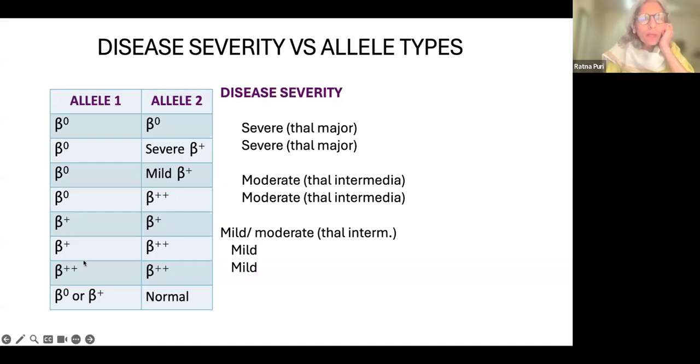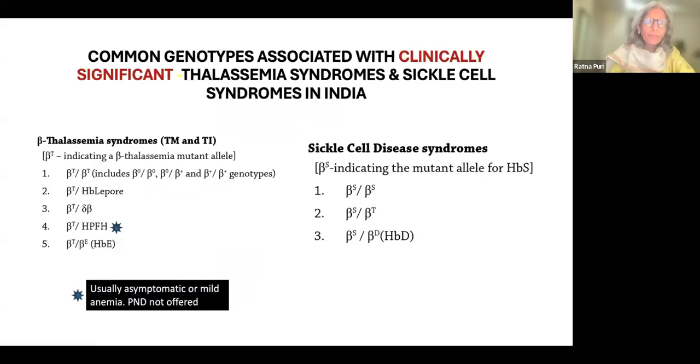Because sometimes if the family plans that they want to continue, you would want to guide them as to what is the nature of the mutation and what would be the disease phenotype that the child could have after delivery. And we know that this is the carrier status and there would be no disease phenotype.